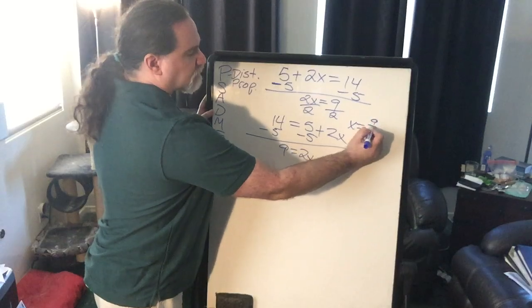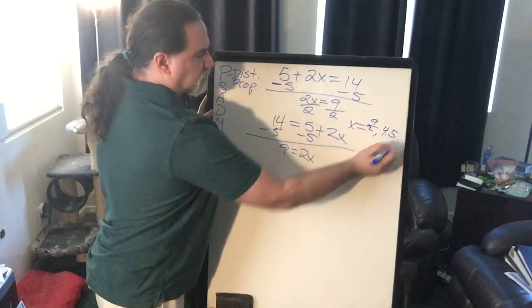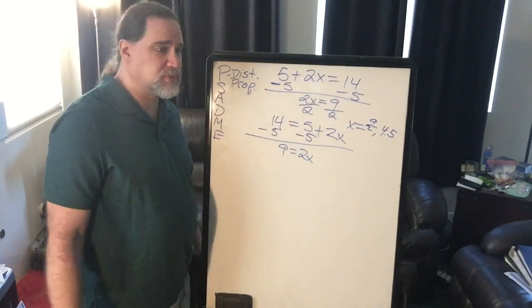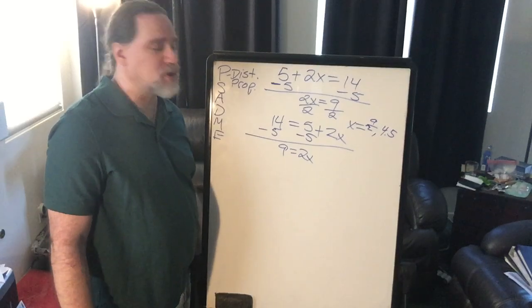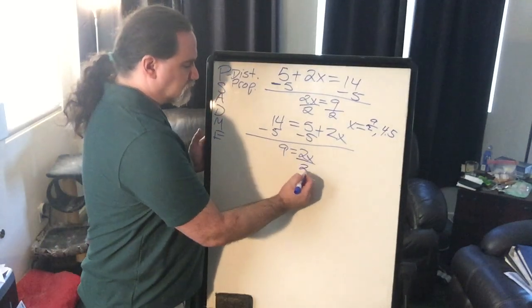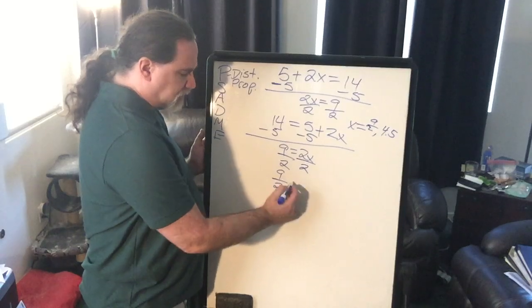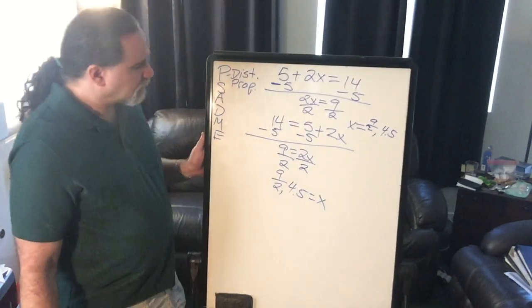And you can leave it as a fraction, or if you really want to, you can turn it into a decimal. Don't turn it into a mixed number, please. We really don't use mixed numbers much anymore at this point. Mixed numbers either have to turn into decimals or improper fractions. So again, just keep it as either an improper fraction or a decimal, but not a mixed number.